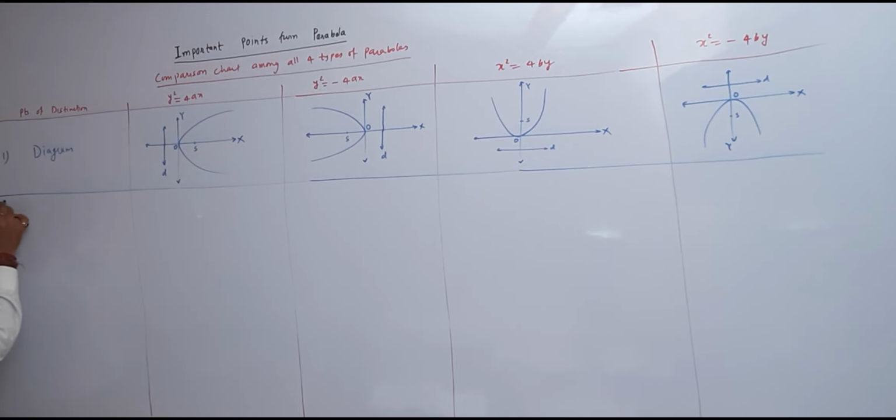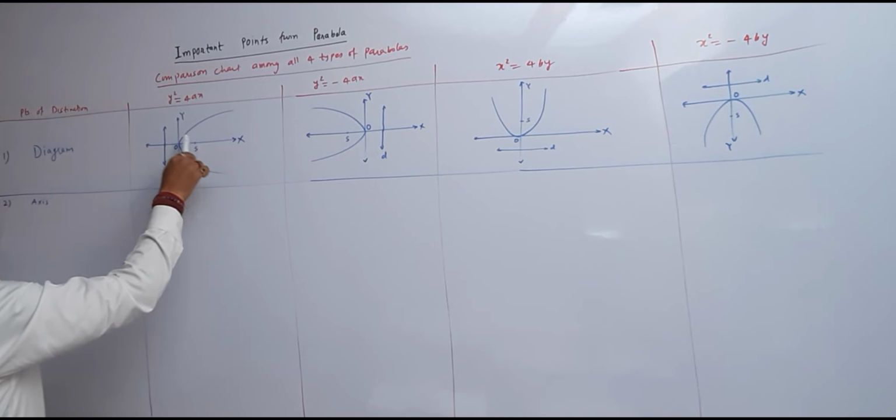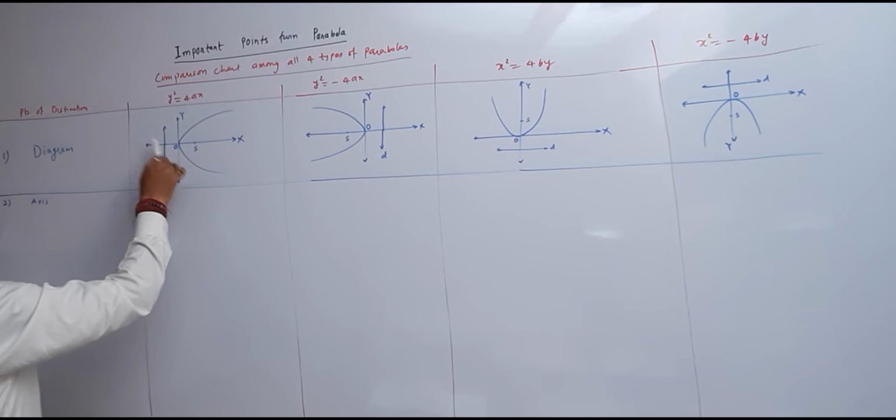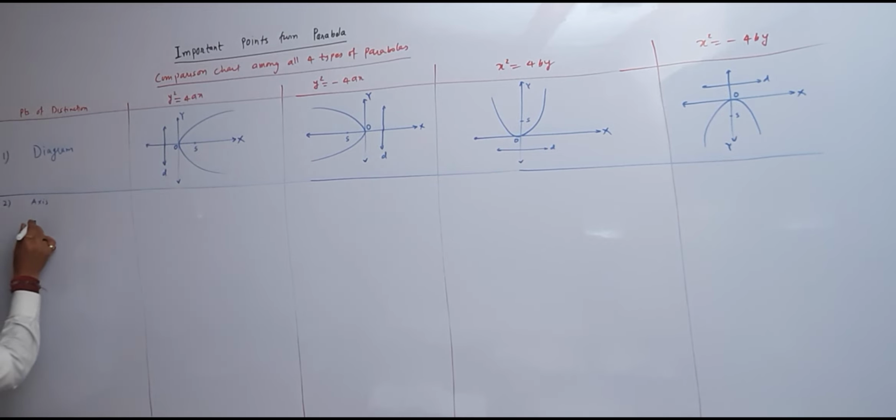So the second point is axis. Then focus, vertex, directrix.